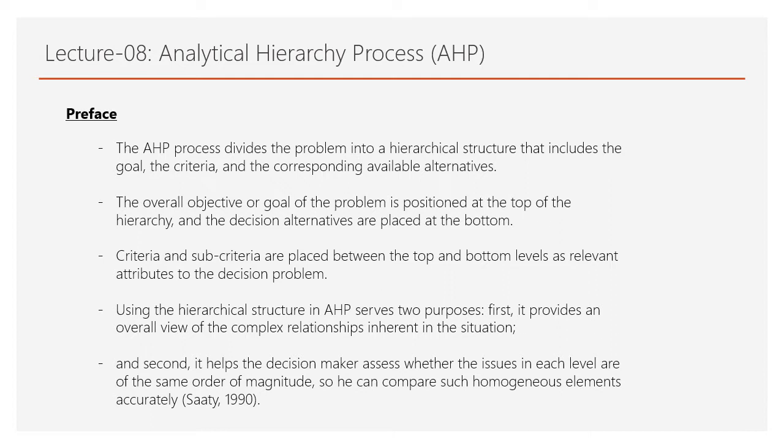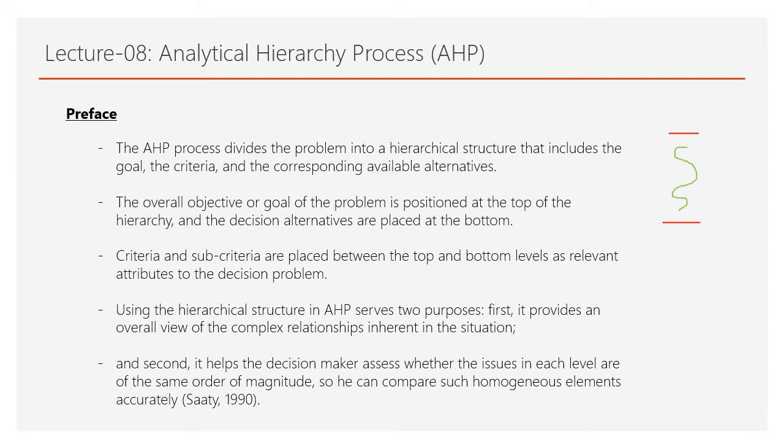And so we're having the goal at the top, the corresponding alternatives at the bottom, and in between we're having all the criteria and sub-criteria that can be used or is actually affecting our decisions for those alternatives.